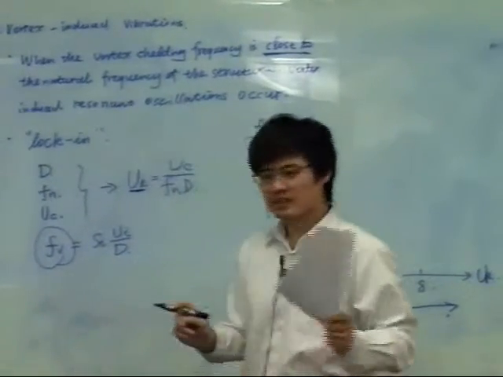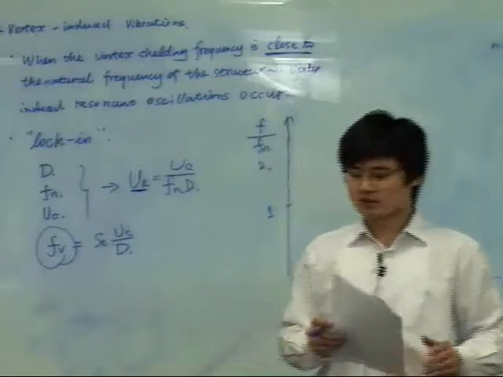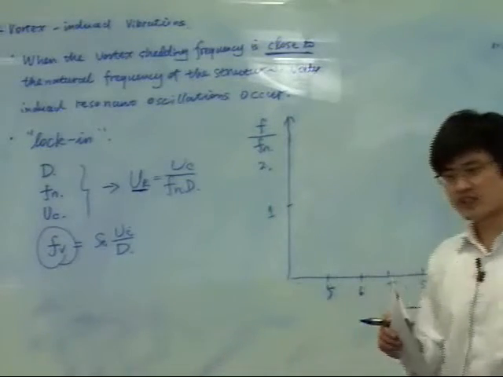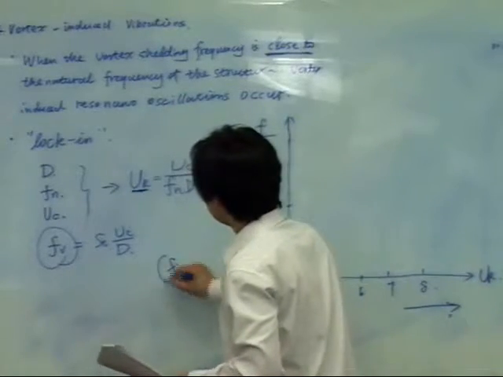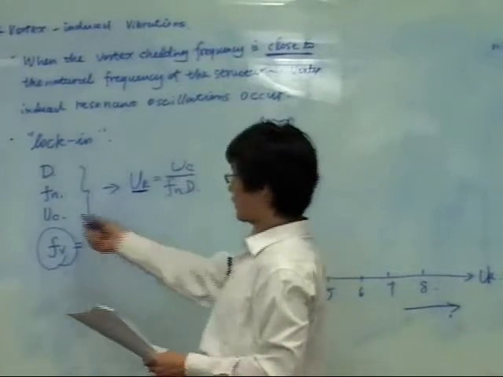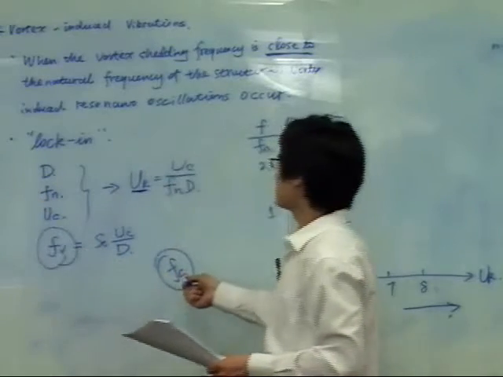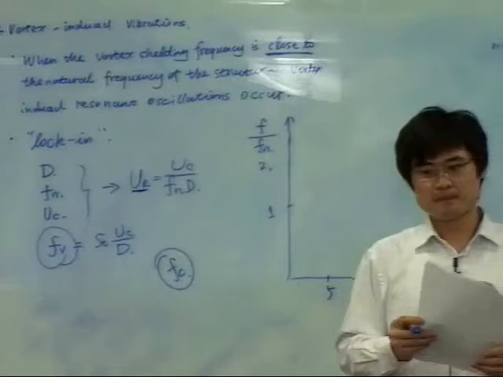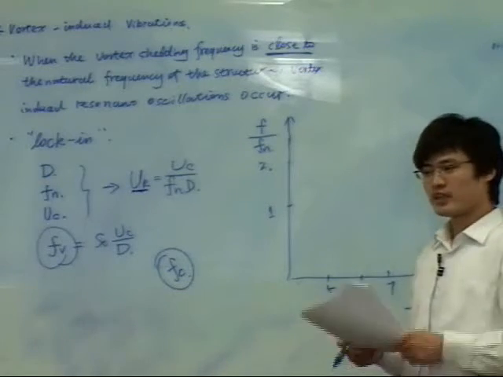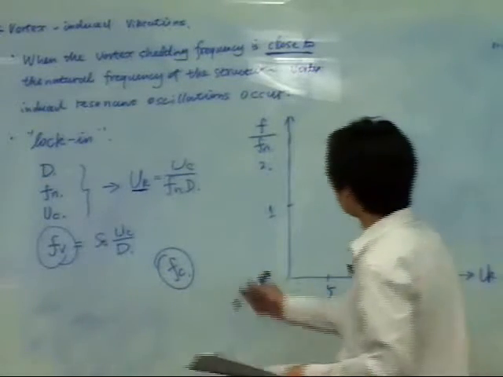If we assume the frequency of the oscillating structure is Fc, this is not necessarily Fn. It has to be the excitation frequency, right? The external force frequency.